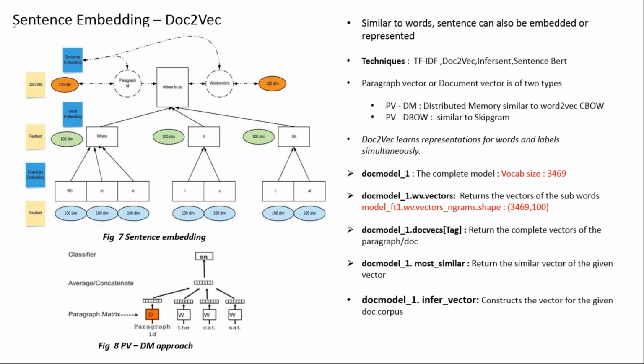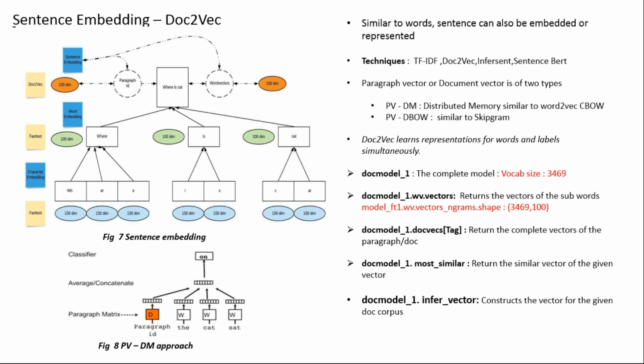So in addition to a word vector as an output of embedding, you can get a sentence vector as an output of doc2vec. This sentence embedding comes up by means of two different approaches within doc2vec: distributed memory or distributed bag of words.